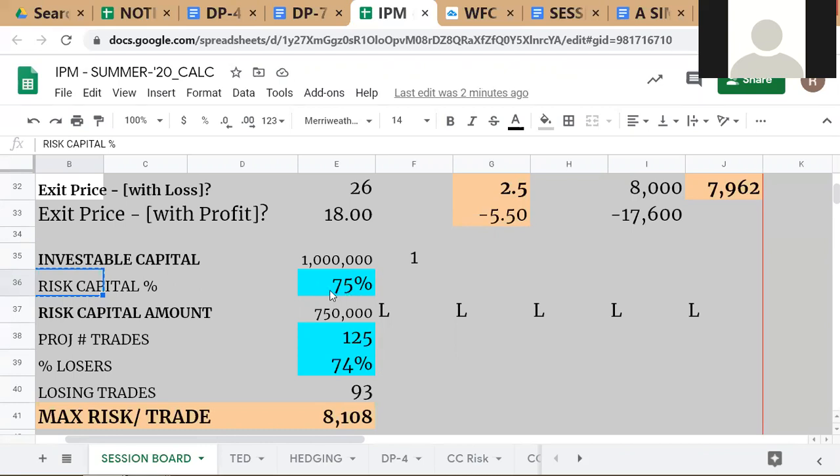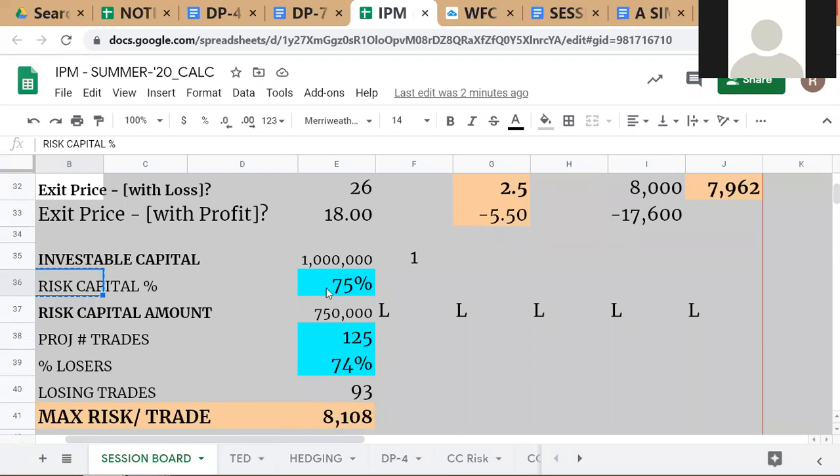In this period, what percentage of my investable capital am I willing to lose as a normal business and still treat it as a normal business loss? Okay? Which means it will not stop me from continuing to trade in the next period. That's when you ask this question, this is the answer to that question.